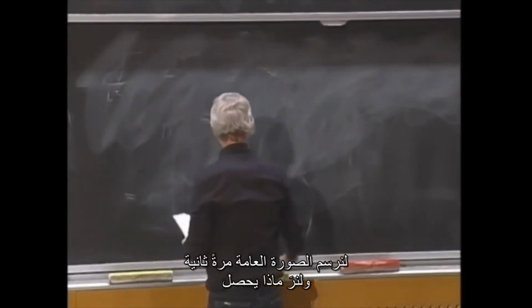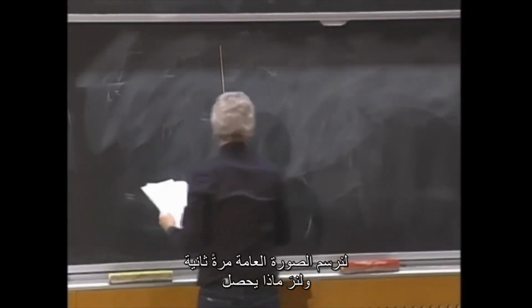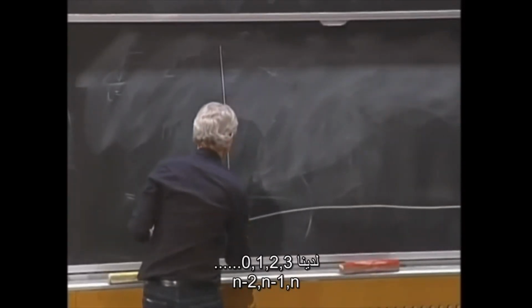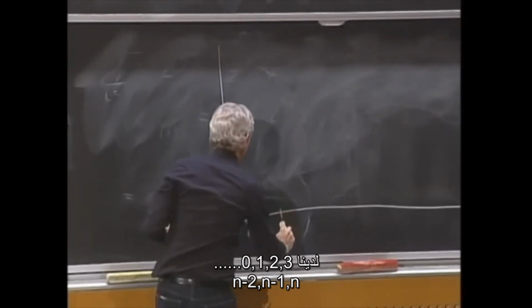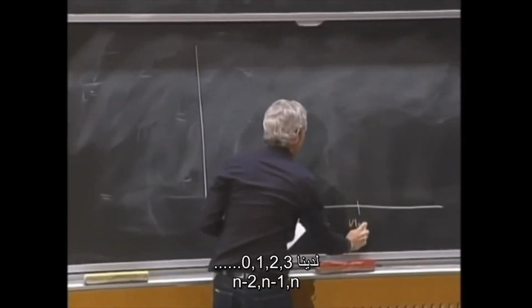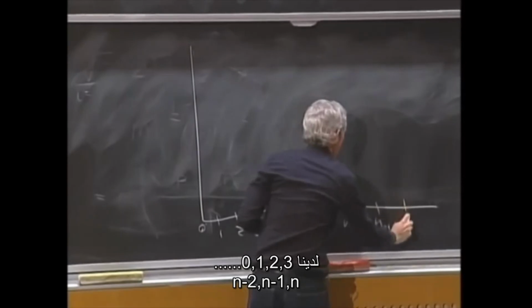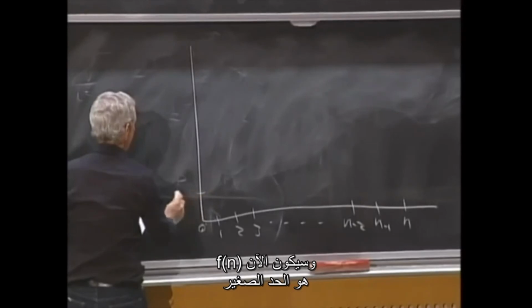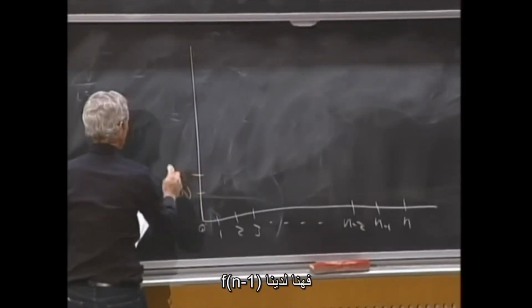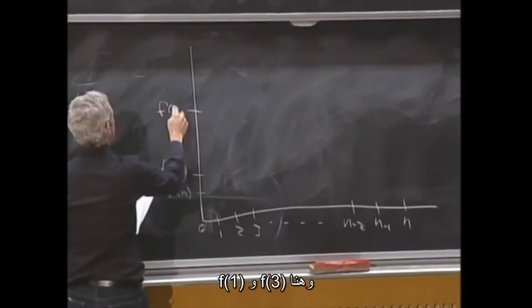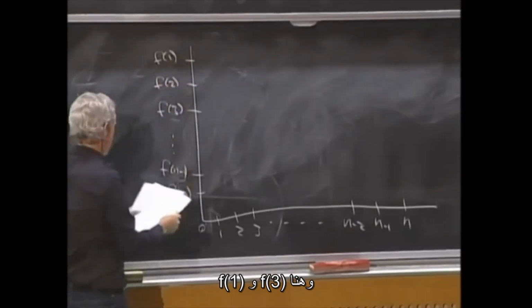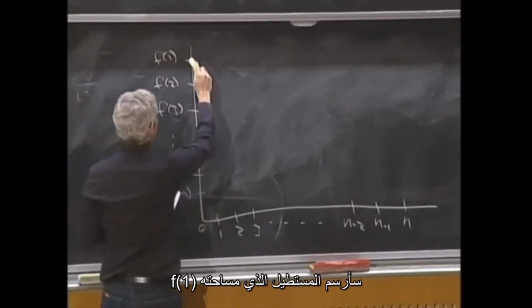So let's do the general picture again. See what happens. So we have 0, 1, 2, 3, n minus 2, n minus 1, n. And now f of n is the small term. And f of n minus 1, f of 3 here, f of 1. Now I'm going to draw the rectangle.